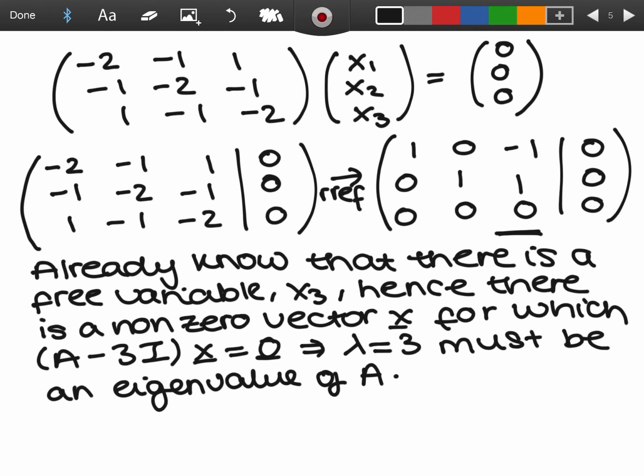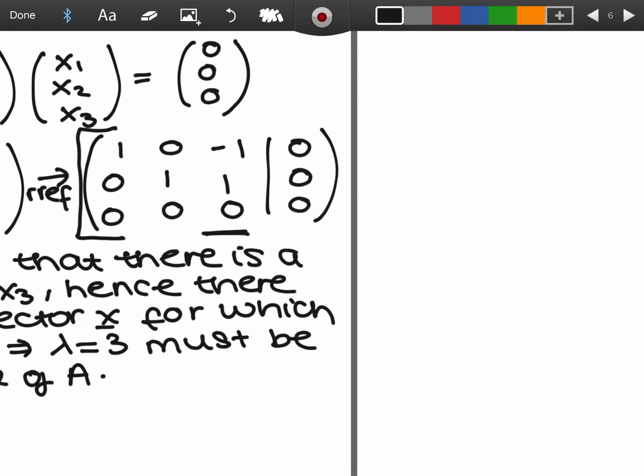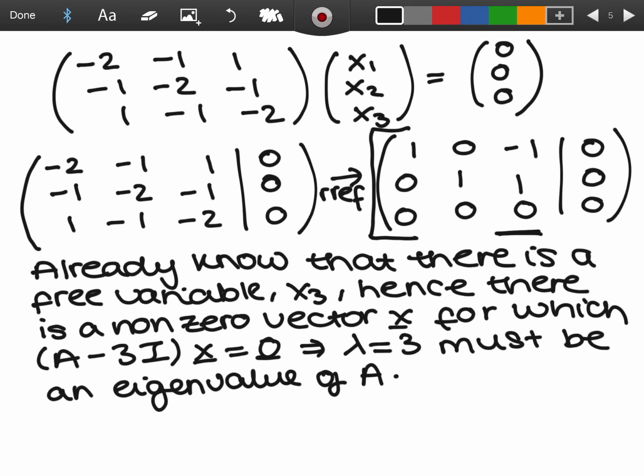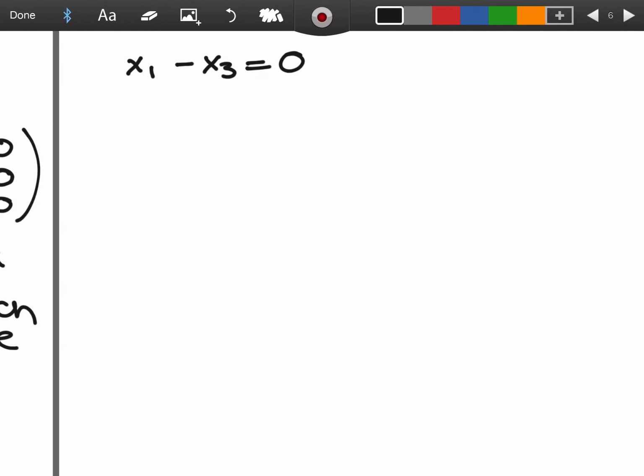Now the question is, what are the eigenvectors that are associated with the eigenvalue lambda equals 3? What we're going to do is find out from this matrix, as we normally do when we solve a system. From the first line, we should find that x1 minus x3 is equal to 0.